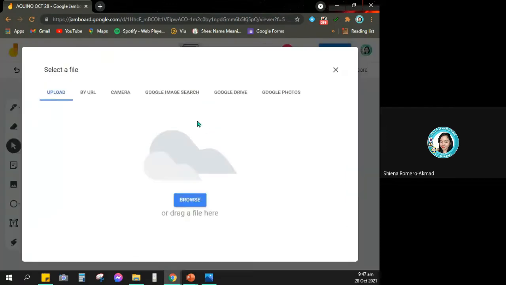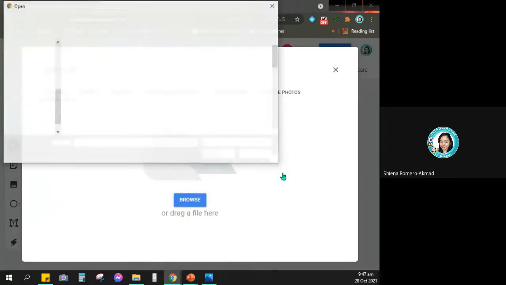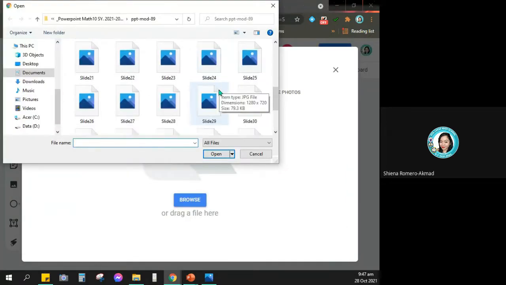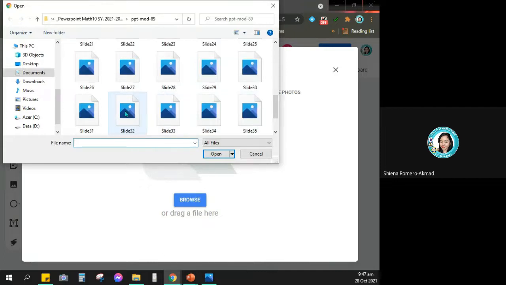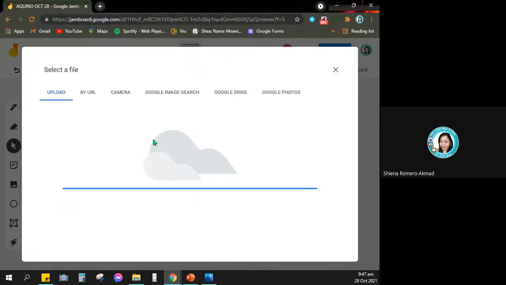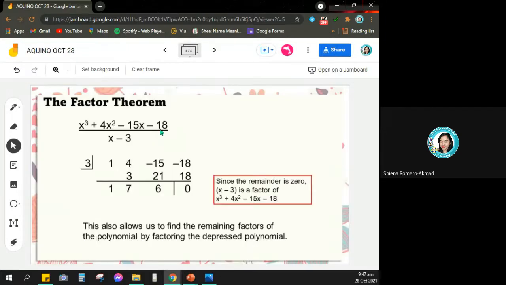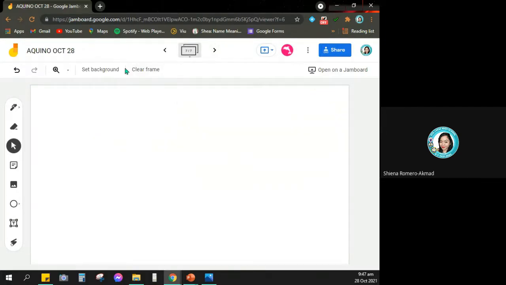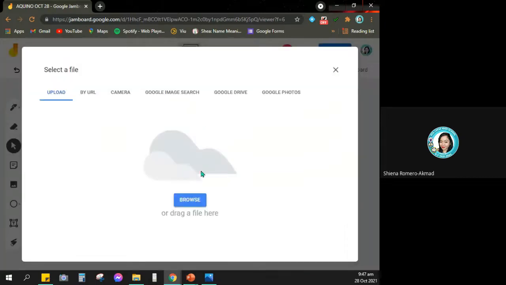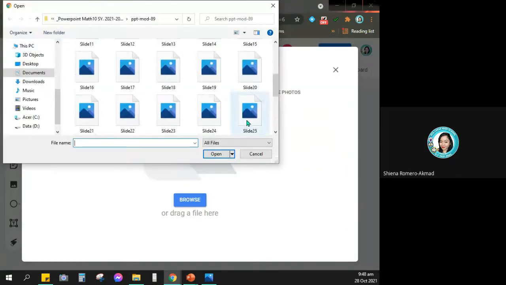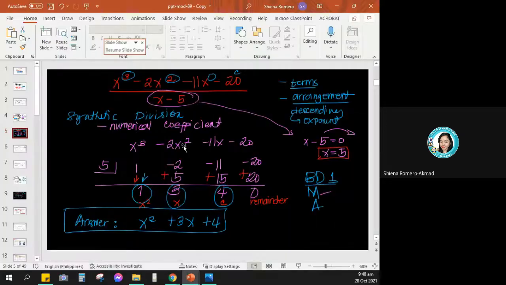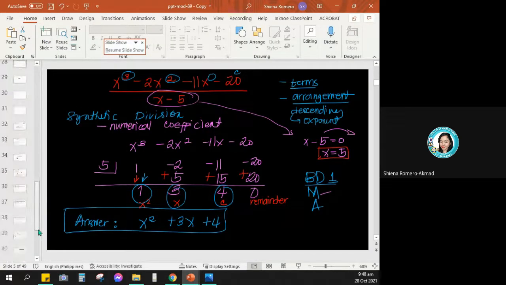And let us try. Ano ba yung... Ito yun, diba? Yung 32 ba yun? Ay, hindi pala yun. Ano nga yun? Kalimutan ko na. Anong page yun?